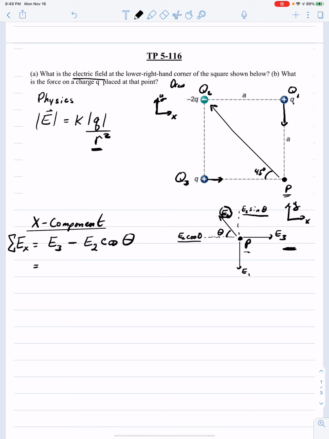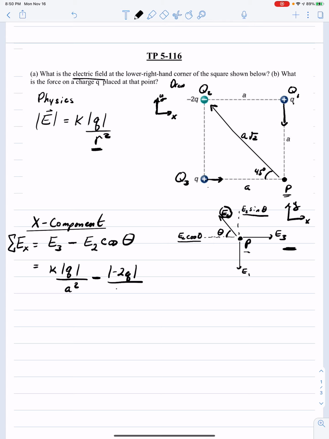So now what we do is apply the equation. K times, for 3 is just Q, over A squared, because it is the distance from Q3 to P, minus the absolute value of 2Q, because now we're looking at Q2, over, and since this is an isosceles triangle, this also means that this is equal to A square root of 2.